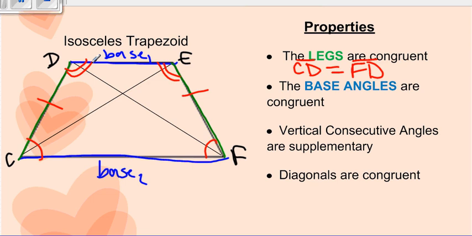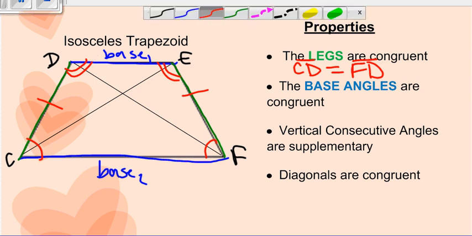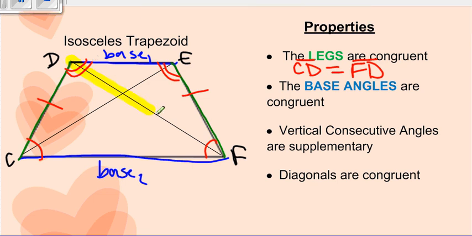And always keep in mind that a quadrilateral does have a total of 360 degrees for its angles, okay? Then we have the vertical consecutive angles being supplementary, which we talked about last time. And then the diagonals here will actually also be congruent. So this diagonal here is going to equal this diagonal here, just like the rectangle. Okay, so their diagonals are going to be congruent.